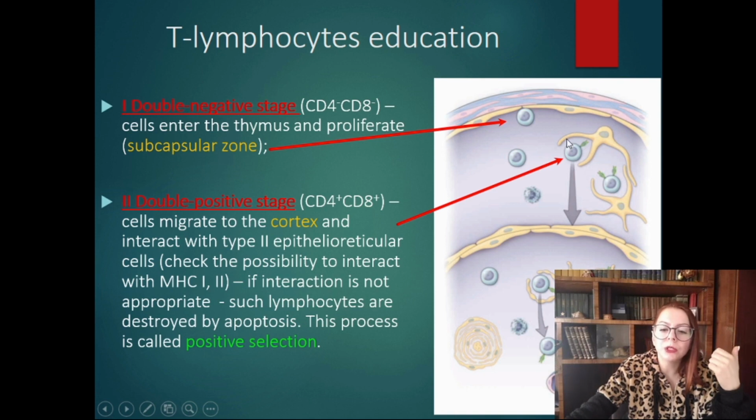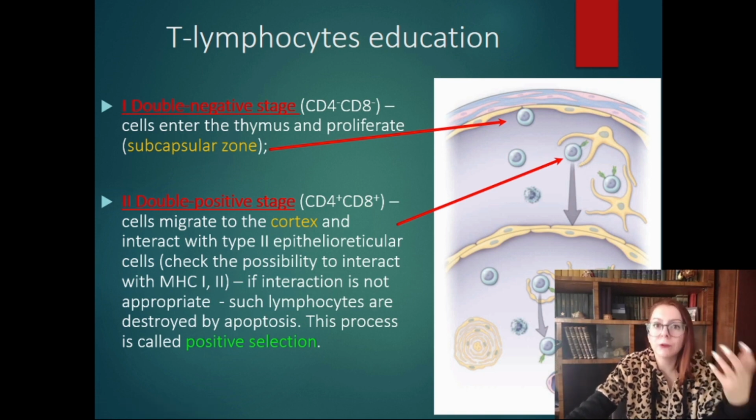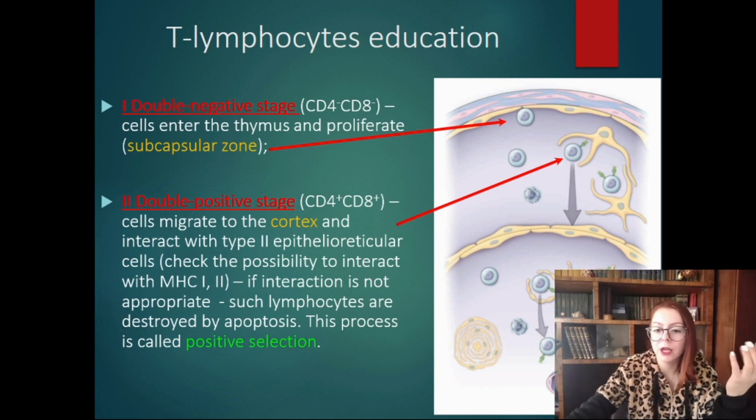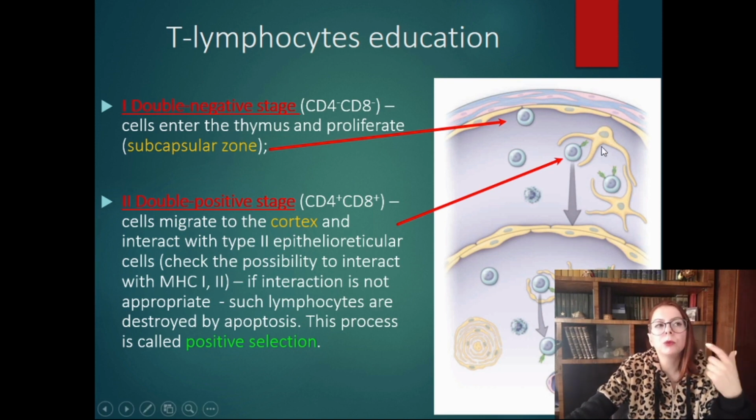So here we check their possibility to perform their key function, to interact with MHC receptors. And for this purpose, epithelial reticular cells expose both receptors on their surface to test both CD8 and CD4 receptors on lymphocytes.